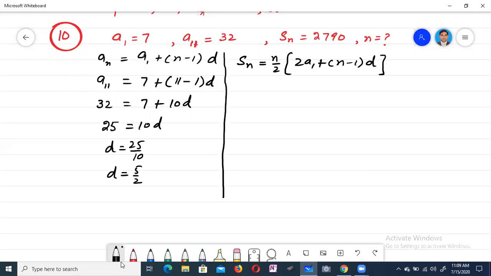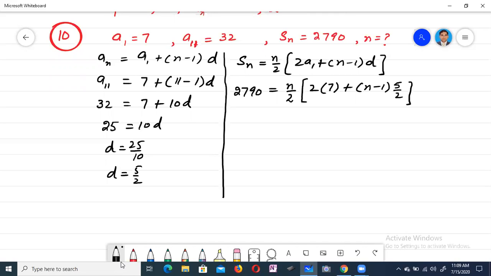Sn is given there, that is 2790, which will be equal to n by 2 as it is, as we need to find n, into (2 into a1, the first term, which is 7 given in the question, plus (n minus 1) into d). D we got now, that is 5 by 2.